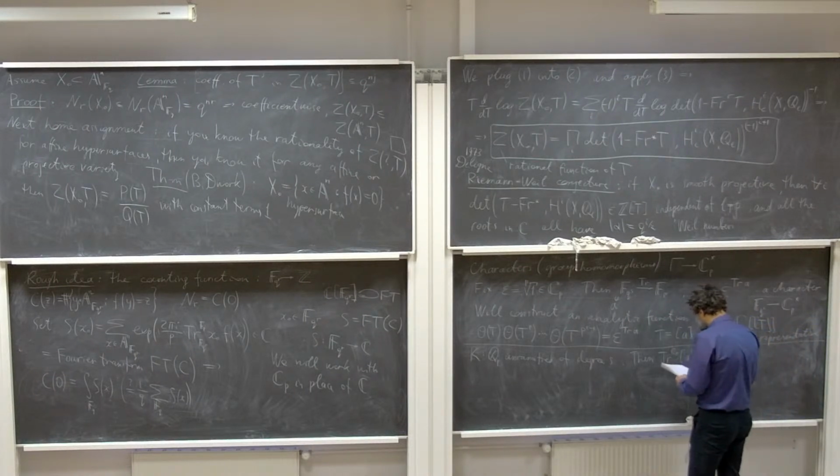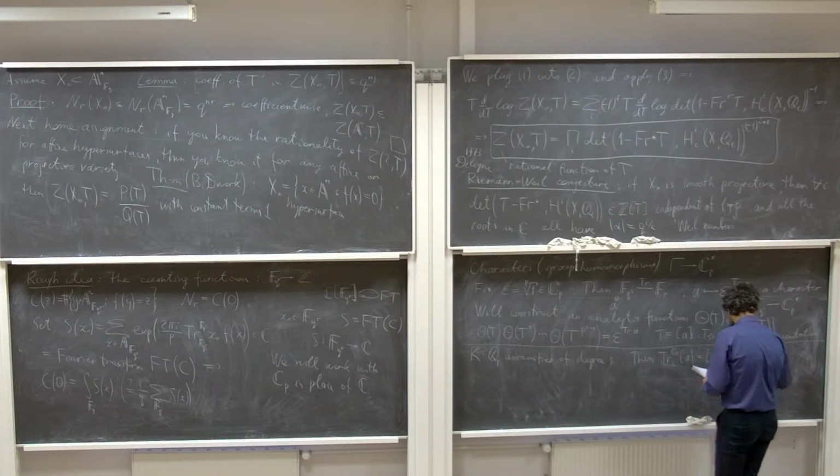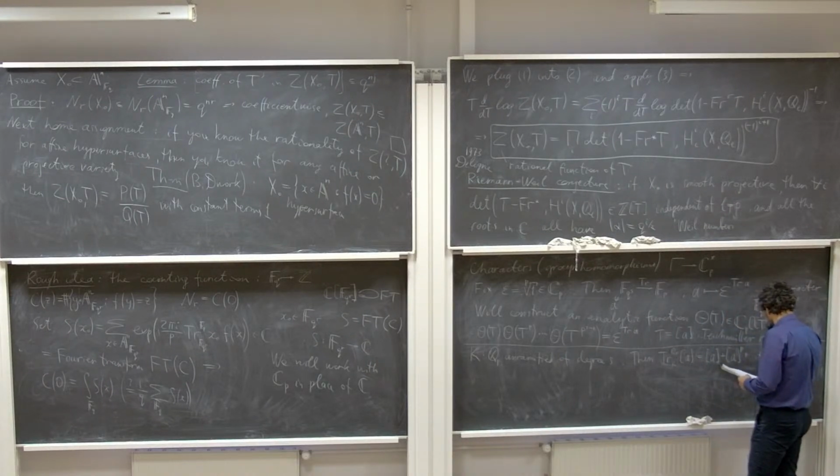So the trace of A is just the sum of powers of A: A plus A to the power p plus and so on plus A to the power p to the s minus 1.